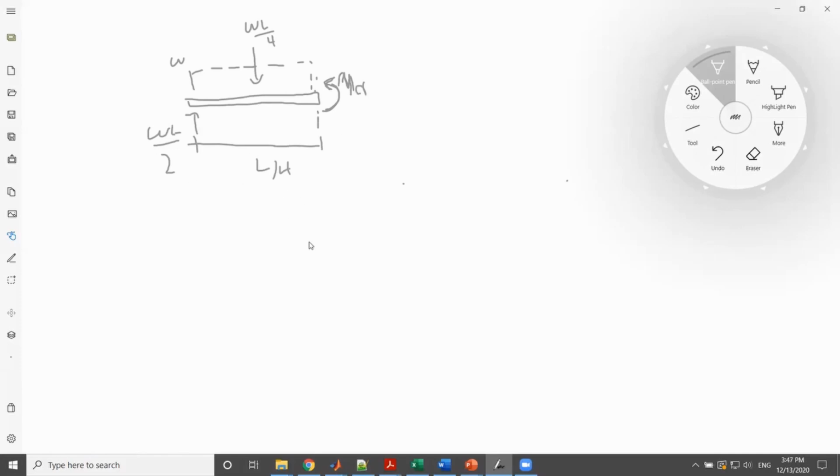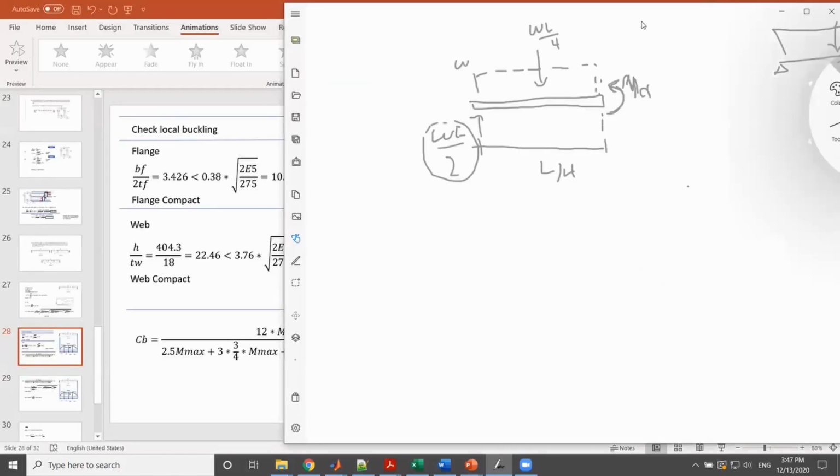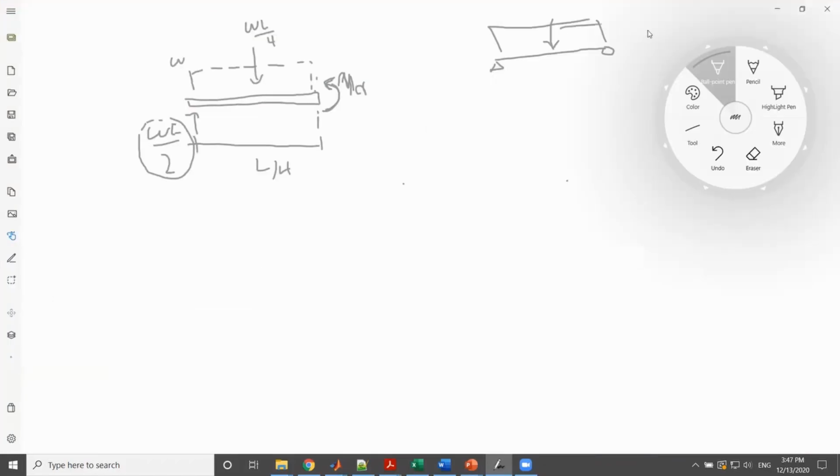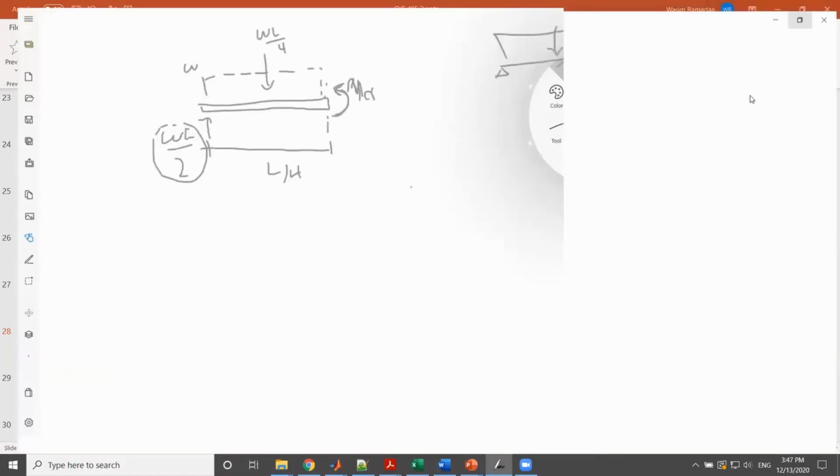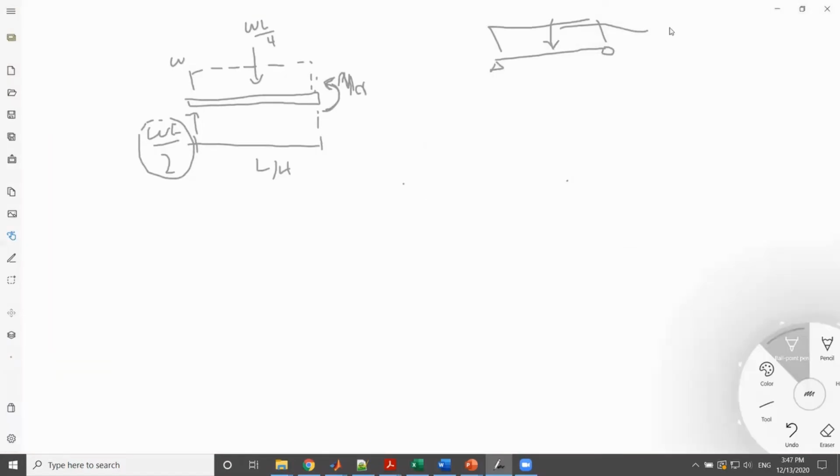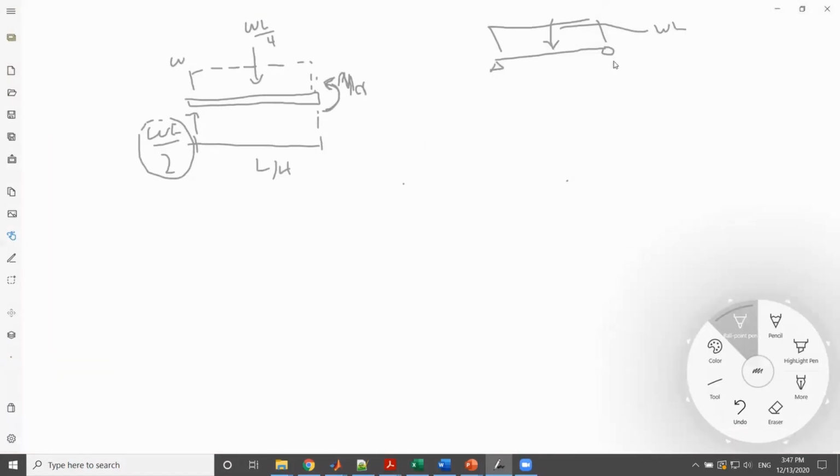at length 0.25 of the whole span. And obviously, I got the support reaction by considering the whole beam, where this is the whole beam, this is WL. All right, this is WL.